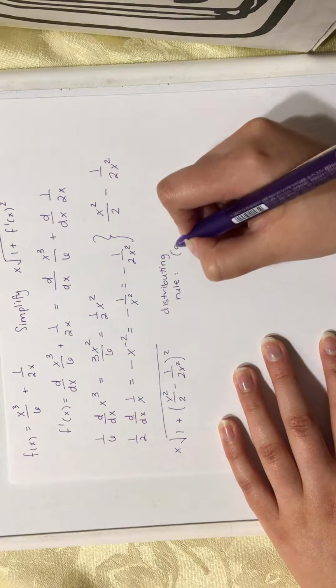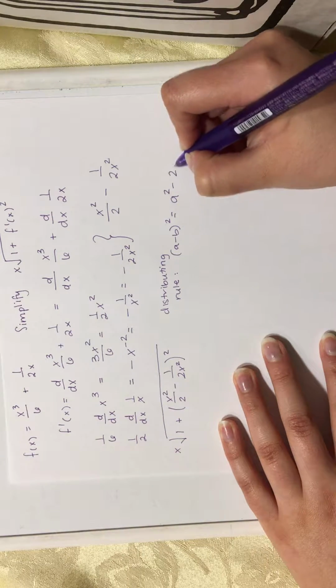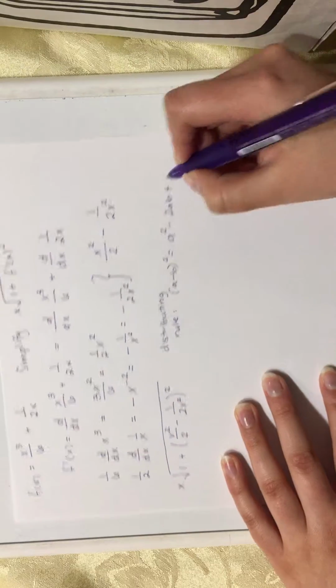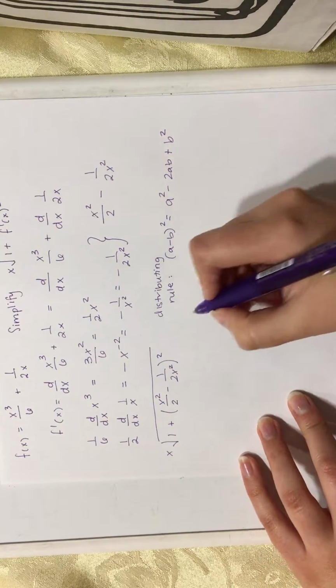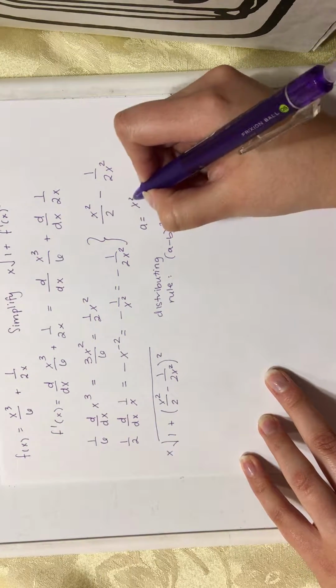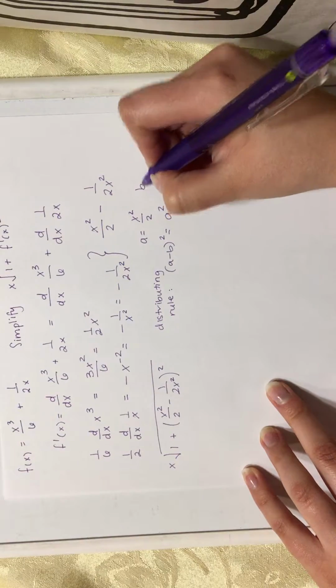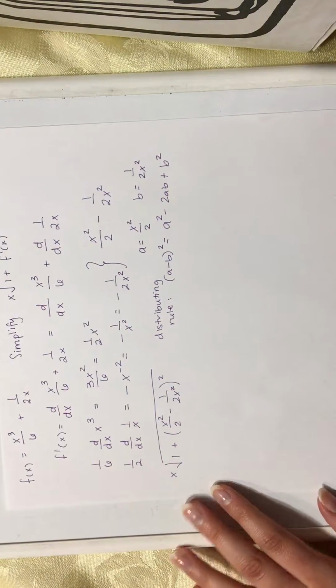Which is a minus b squared is the same as a squared minus 2ab plus b squared. So our a, well, right here, a is going to be x squared over 2, and our b is going to be 1 over 2x squared, right?